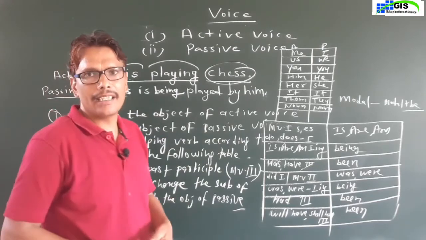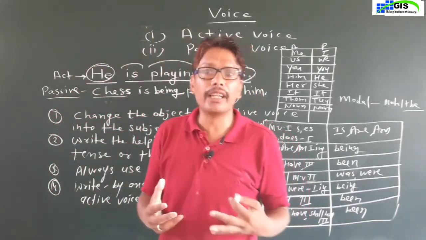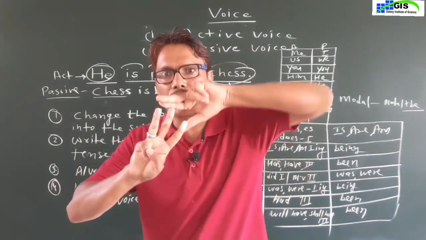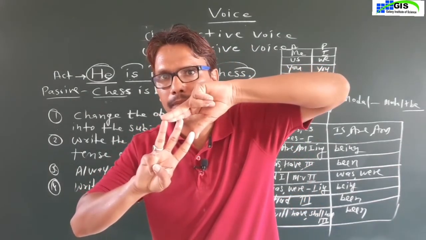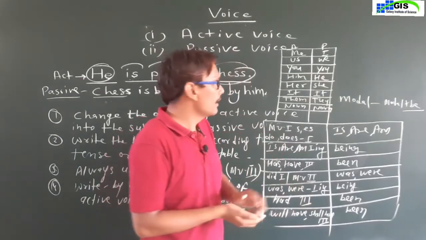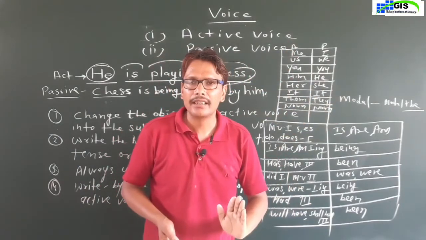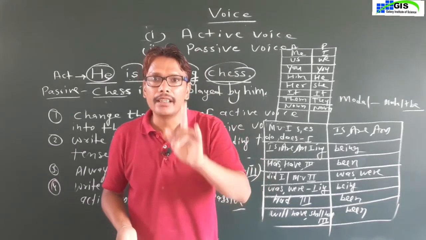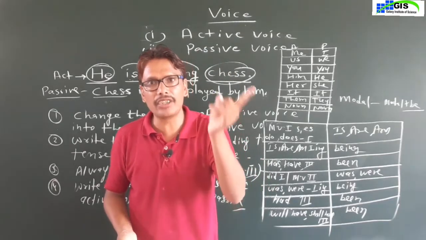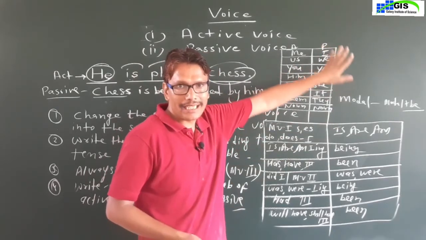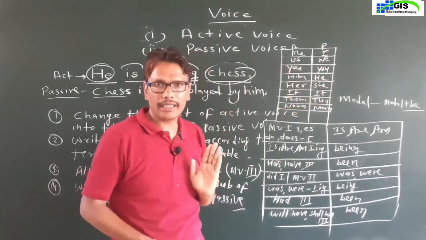Dear students, I will teach you here. The third rule is always use third form of the main verb. First rule is change object into the subject. Fourth rule is write preposition, means mostly by, and change the subject into the object.